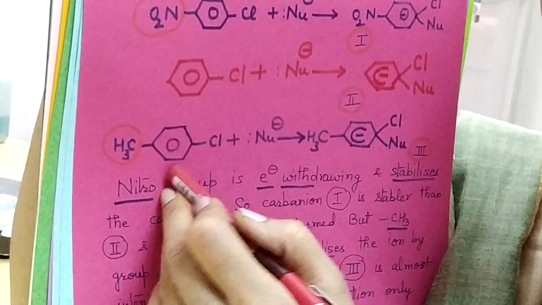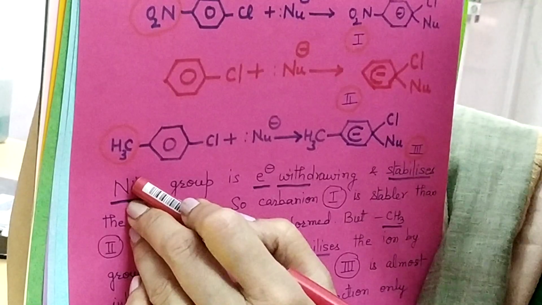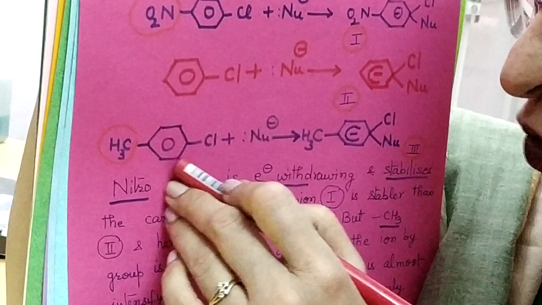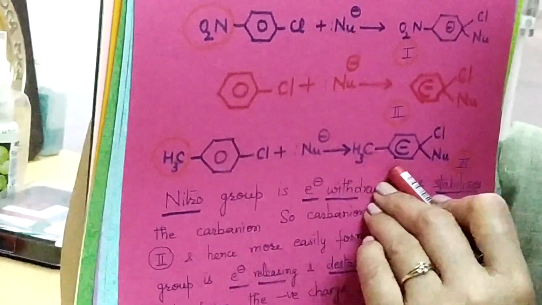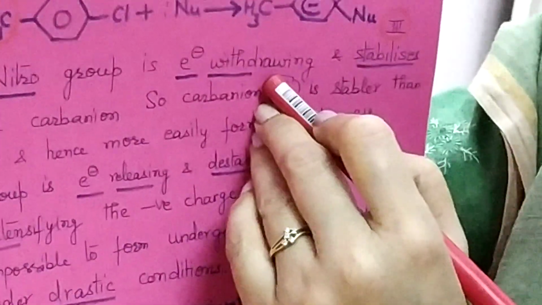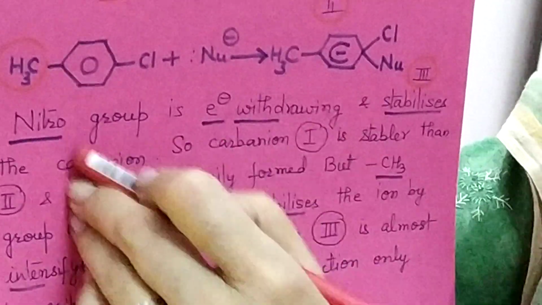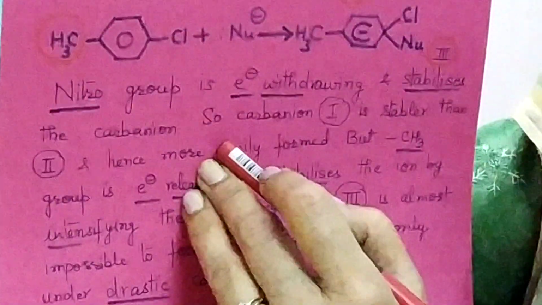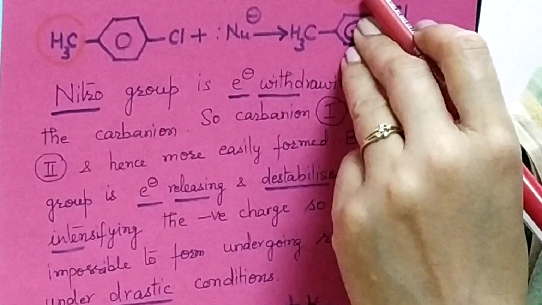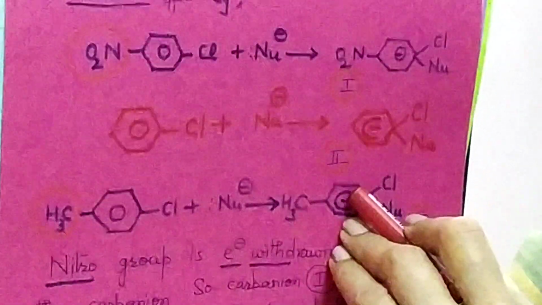In the next case, however, there is a CH3 group at the para position, and you know that the CH3 group is an electron releasing group, hence it releases electrons over the aromatic ring, over the carbanion, and the carbanion which results is like this. Now this nitro group, which is electron withdrawing, stabilizes the carbanion, no doubt, and carbanion 1, which is formed in this case, will be more stable as compared to carbanion 2, which is this normal simple carbanion.